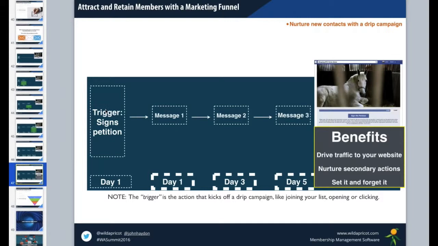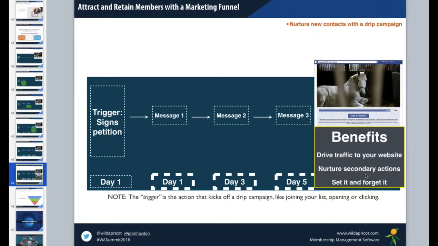So instead of just hoping and praying that someone will visit your website and somehow click on join as a member, that's kind of wishful thinking, right? It's better to be able to control the message in a sense, having them opting in for something for free, and then you get to send them a few messages, a few links to your website, a few chances to ask them to become a member, right? And nonetheless, this is going to drive a lot more traffic to that landing page.